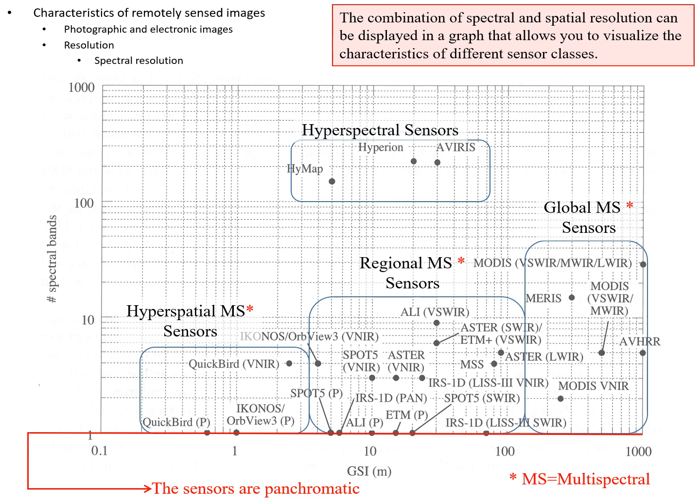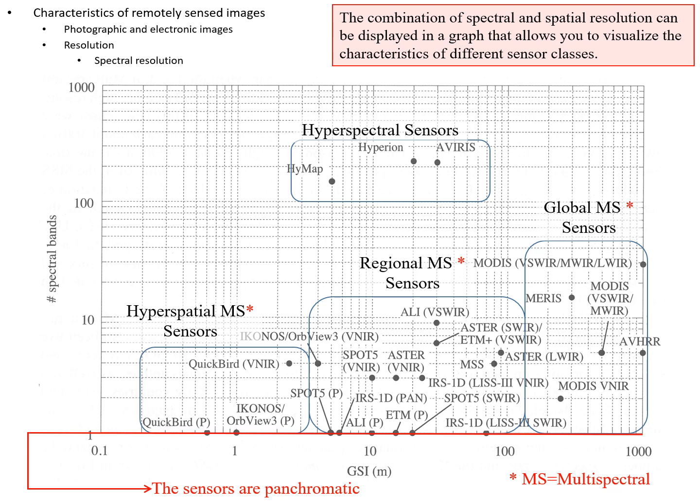And you can break these sensors down into 4 classes. At the top, we have the hyperspectral sensors, which I was just discussing. So Avaris Hyperion, which is a 30-meter resolution satellite version of Avaris, and HIMAP, another airborne system.